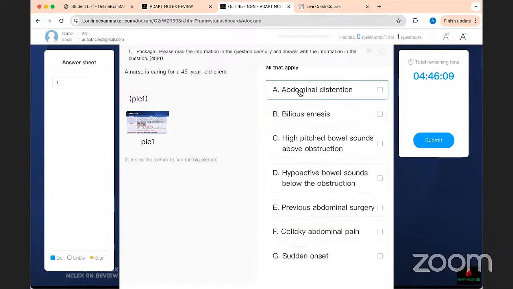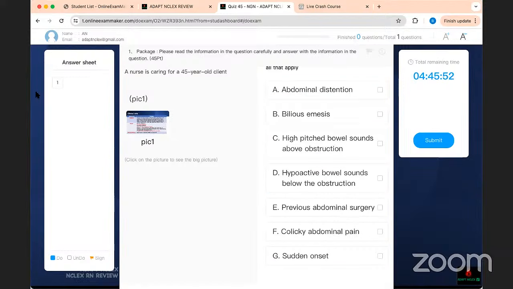If they give you any case related to this, this is exactly how they're going to ask you: if somebody asks you to distinguish a large bowel obstruction from a small bowel obstruction, which of these is consistent with the small bowel obstruction?